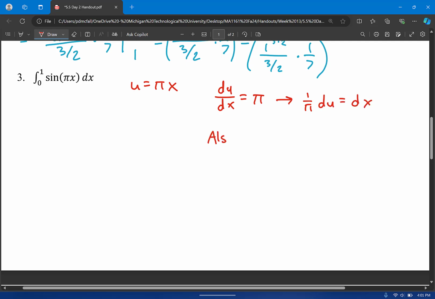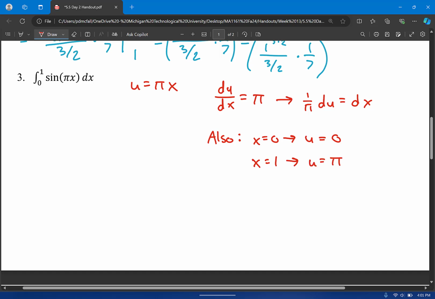And also, let's figure out what the numbers are for u when x is 0. u is equal to pi times 0, which is 0, so that stays the same. But the upper limit does change. Plug in 1, you get pi.